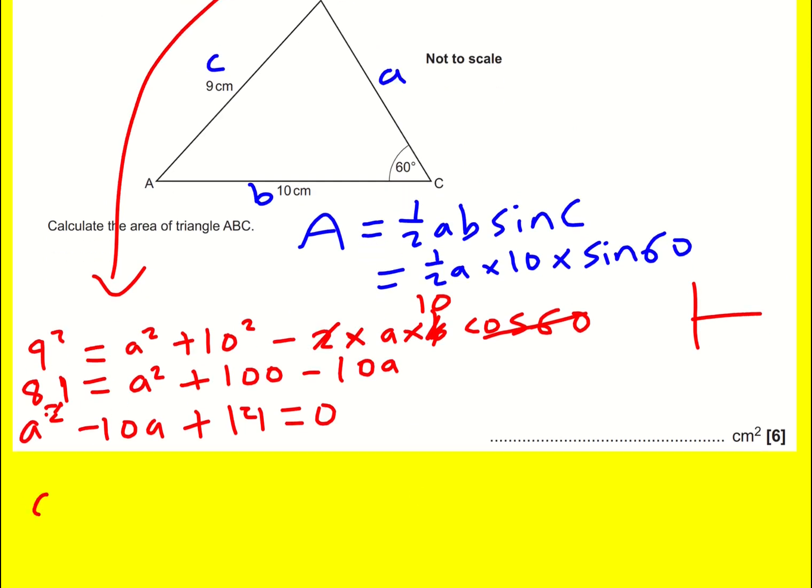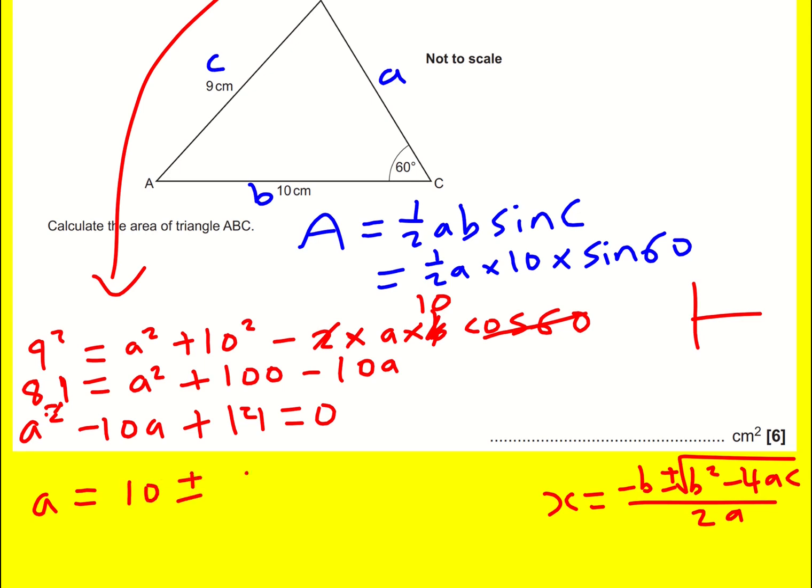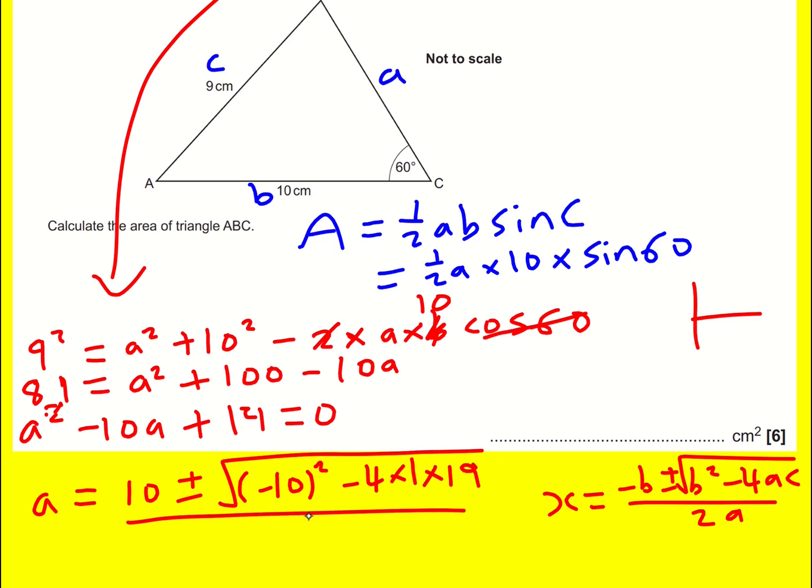So x equals minus b plus or minus the square root of b squared minus 4ac, over 2a. So in our case, we've got a is equal to 10 plus or minus the square root of 10 squared minus 4 times 1 times 19, all divided by 2.